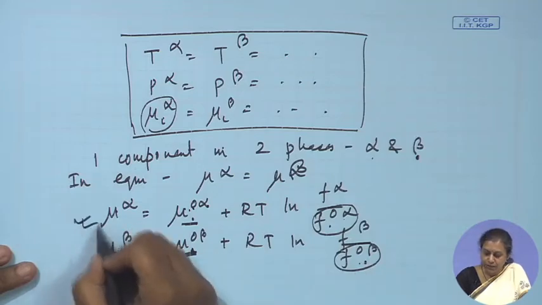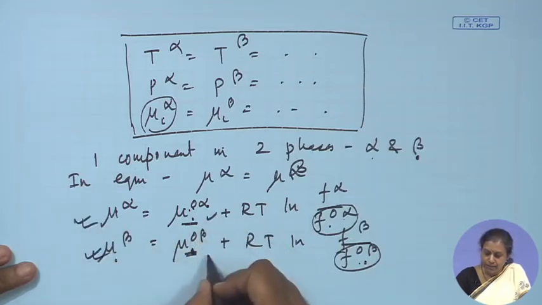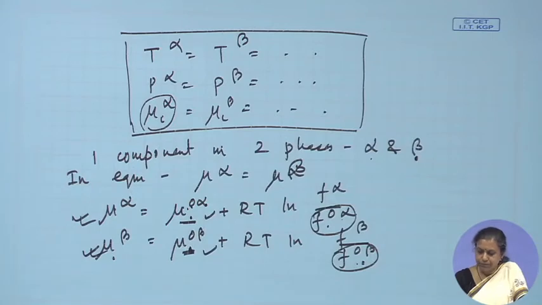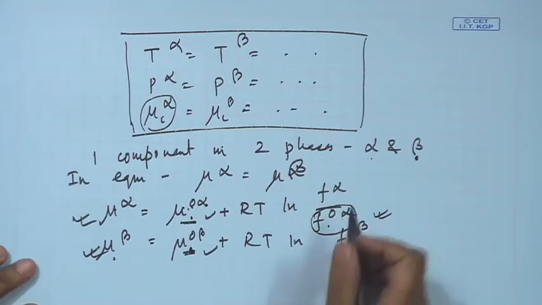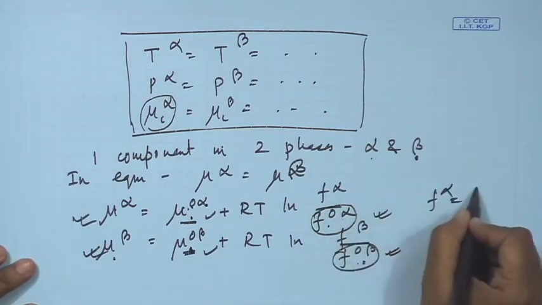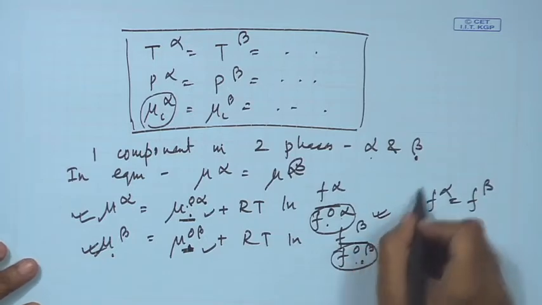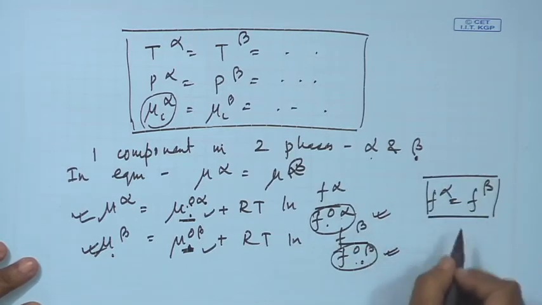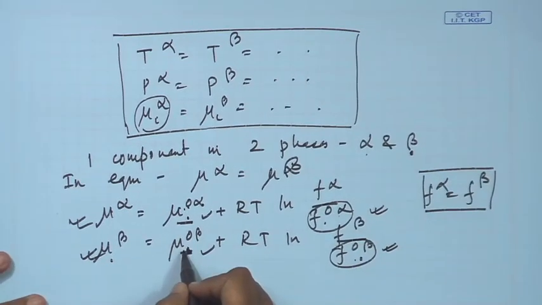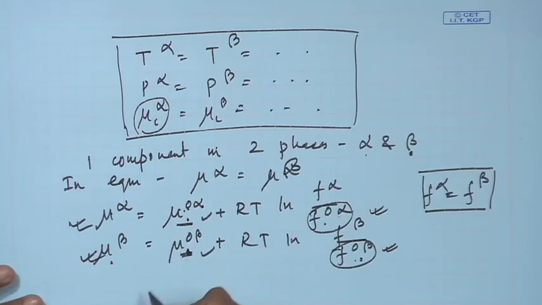With these two equal, and these two equal, what does it imply? It implies automatically that f alpha equals f beta. But this was under the condition where we assumed the same standard states for both.